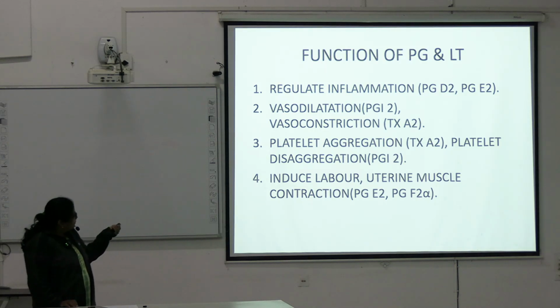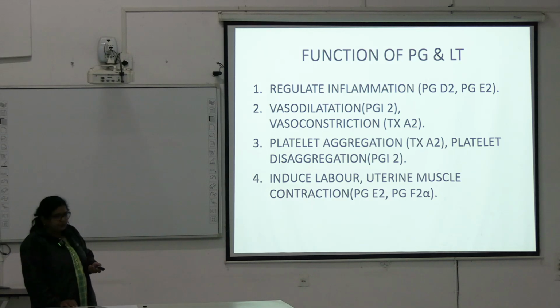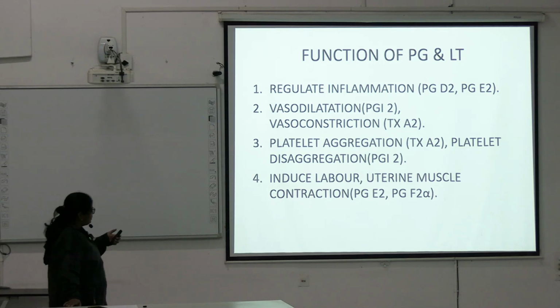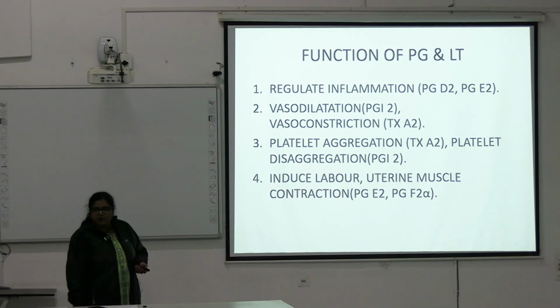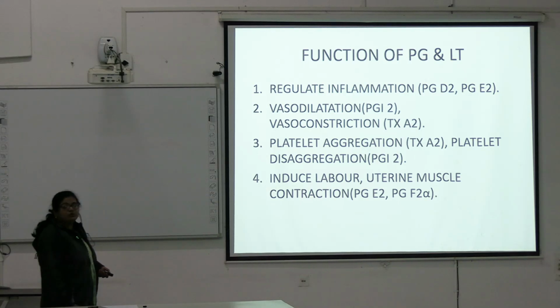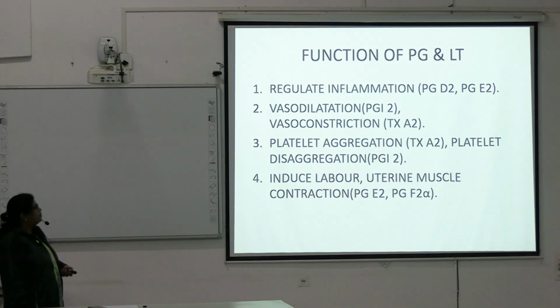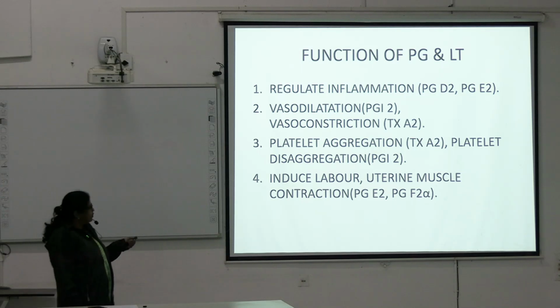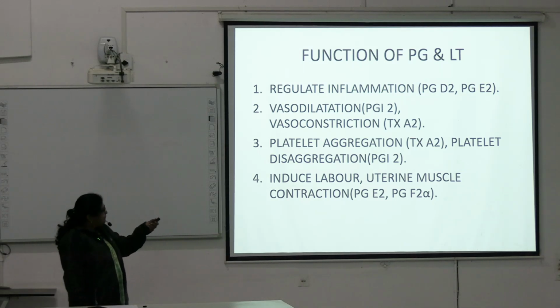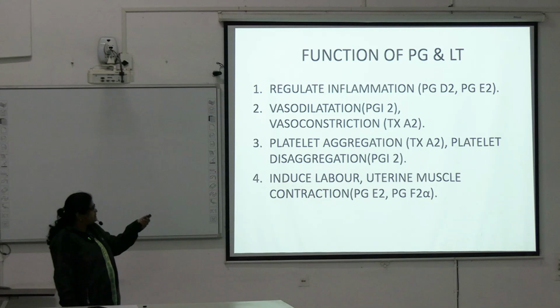So they regulate inflammation by PGD2, PGE2. They produce vasodilation by prostacyclin PGI2, vasoconstriction by thromboxane A2, platelet aggregation by thromboxane A2, platelet disaggregation by prostacyclin.